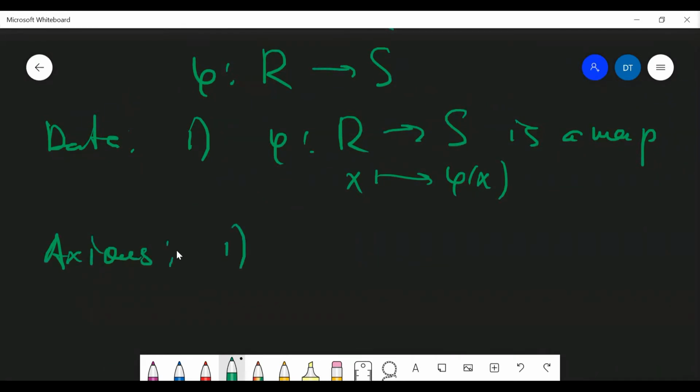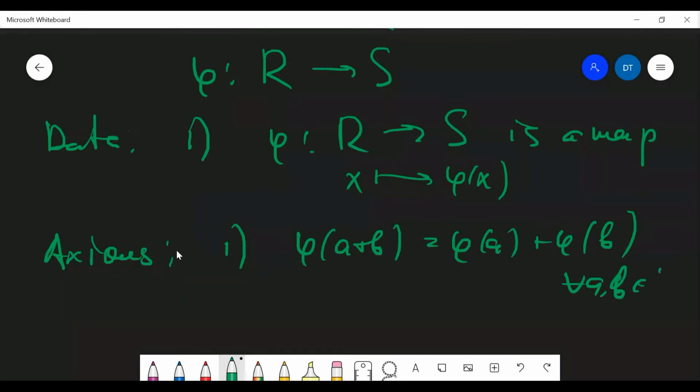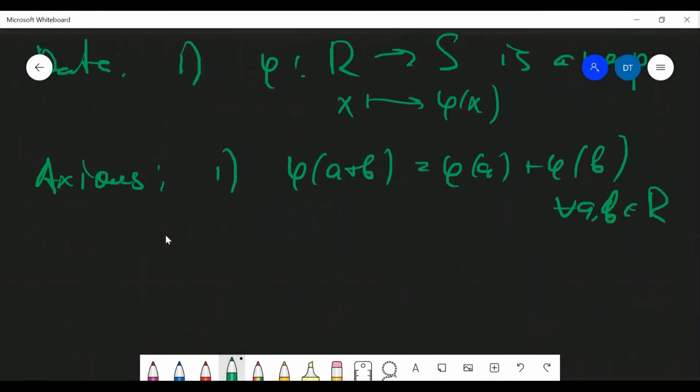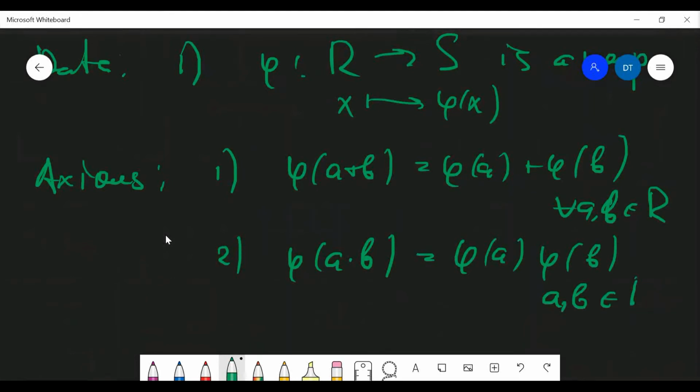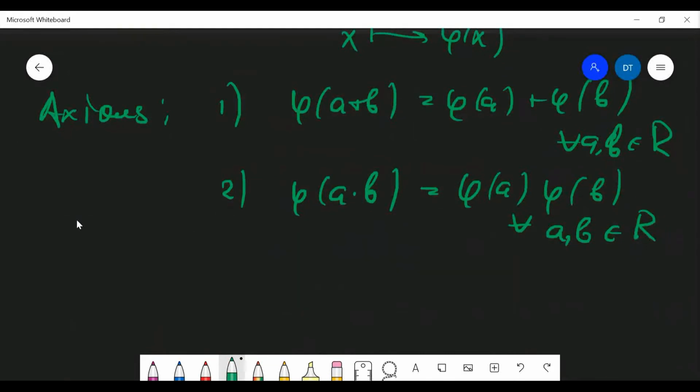Axiom number 1 says that phi preserves the addition, for all elements a and b from R. The second property: phi preserves the multiplication, for all elements a and b of R. And a third property says that phi preserves the identity element.